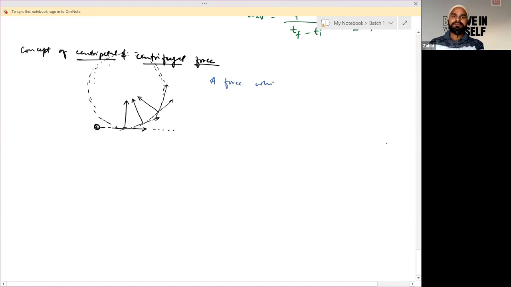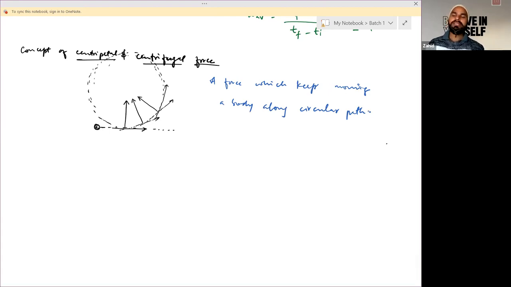A force which keeps moving a body along a circular path, or which is responsible for changing the direction of a body at each instant so that it starts revolving along a circular path, is termed as centripetal force.